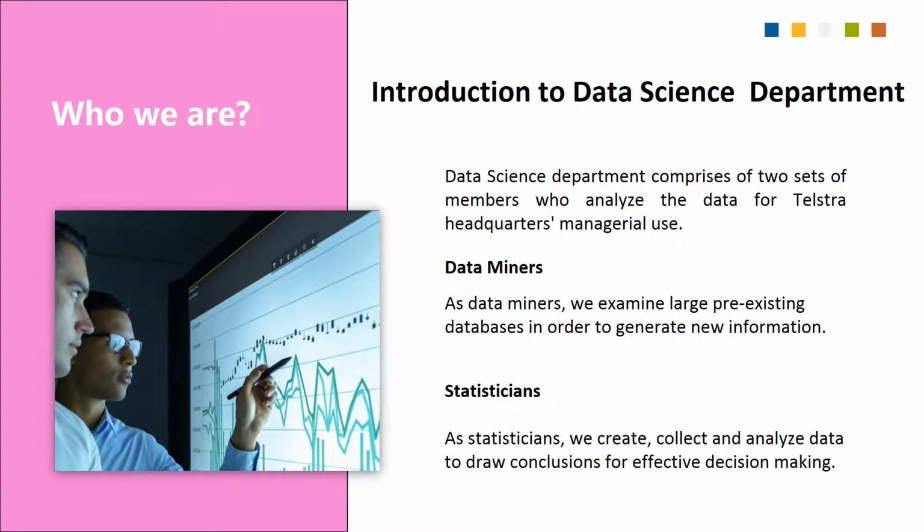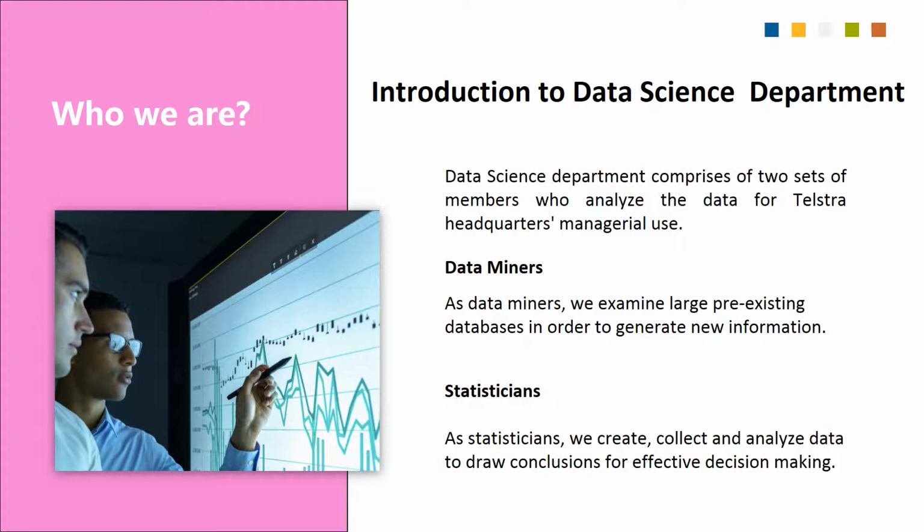Now I would like to introduce you to our department at Texture. We are the employees in the data science department. Our main function is to analyze data from all the departments of Texture. The research has been carried out by interviewing 529 employees.